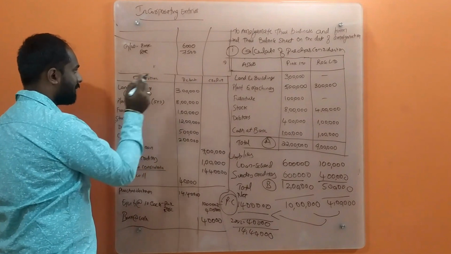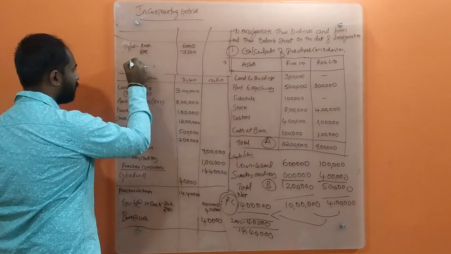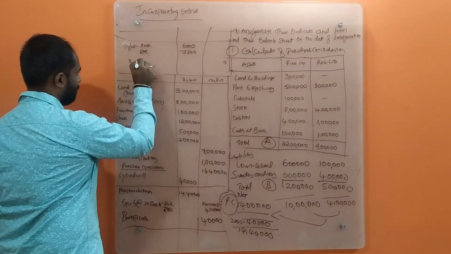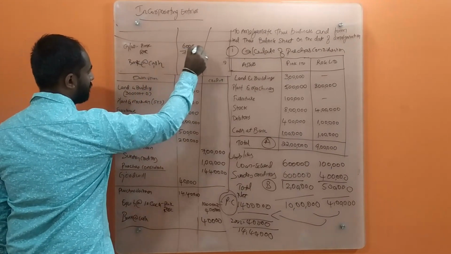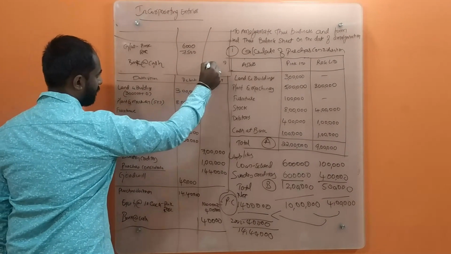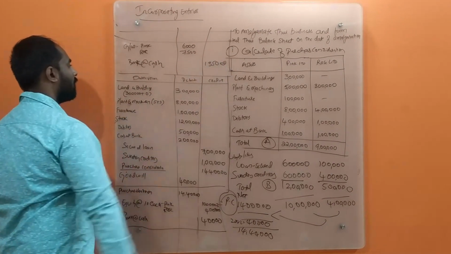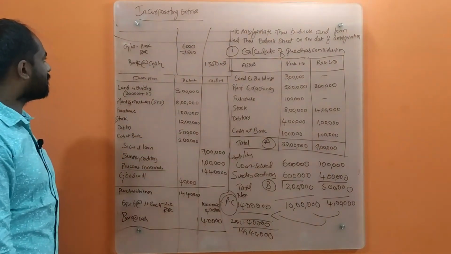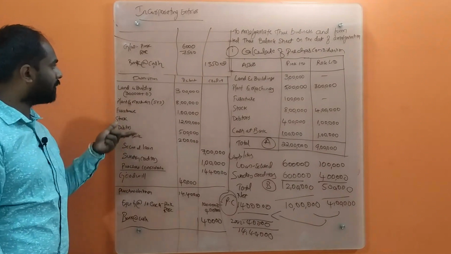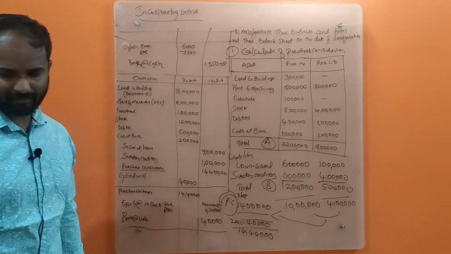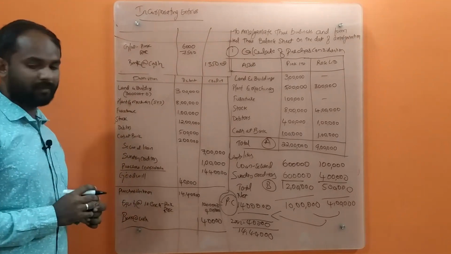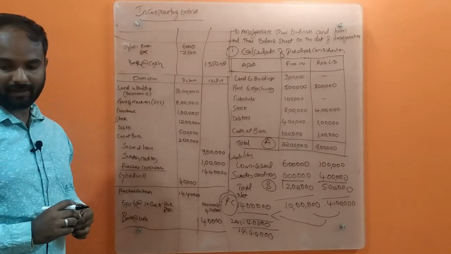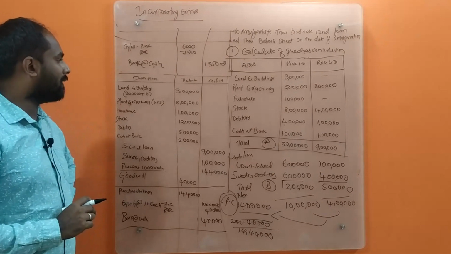You can consider this as paid through bank. 6,000 plus 7,500, 13,500. So always consider your liquidation expenses as goodwill. Then you can amortize it accordingly. Okay, so let me know for any questions. I will reply in the comments.